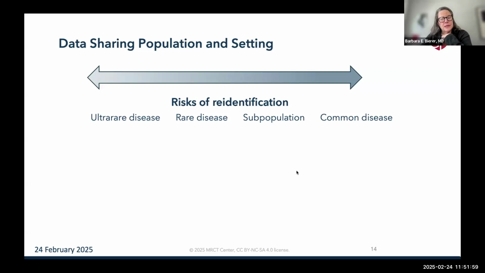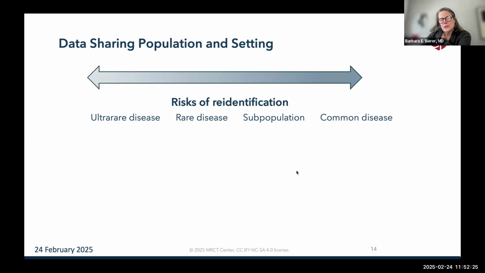If it's a subpopulation, it gets more possible. If you know that you're one of the few people who were cured of a disease through one mechanism or another, that becomes more readily identifiable. But actually, in the rare and ultra rare disease, the risks of re-identification are greater.